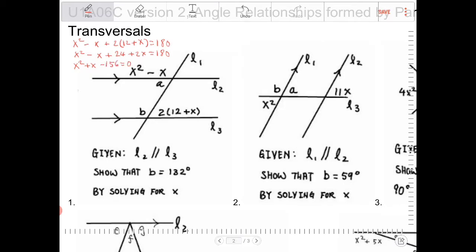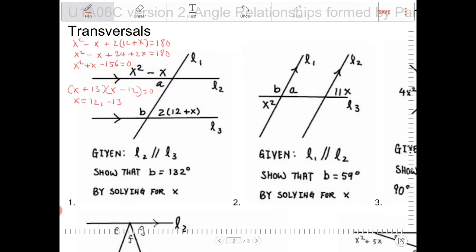I get to this stage and now I'm asked to factor this. So two numbers that multiply to 156 but add to positive 1. I believe that would be 12 and 13. So x plus 13, x minus 12, and that would leave me with x is equal to 12 or negative 13.